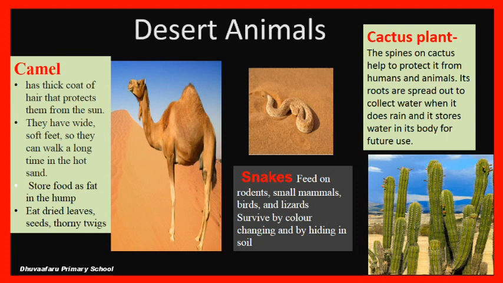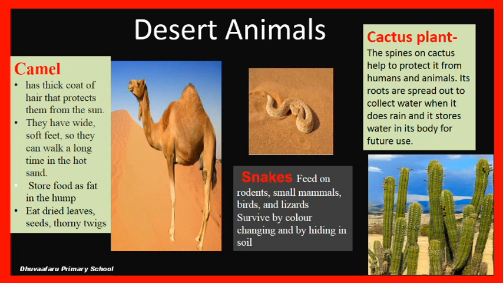Desert animals. Camels have a thick coat of hair that protects them from the sun. They have wide, soft feet, so they can walk a long time in hot sand. And they can store food in the hump.